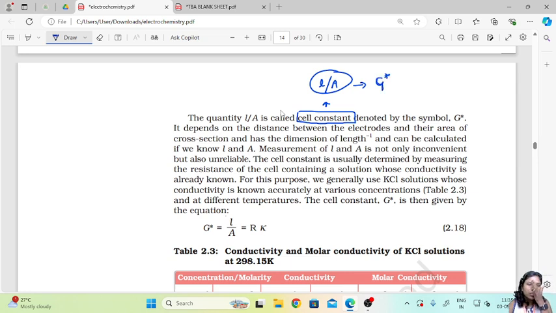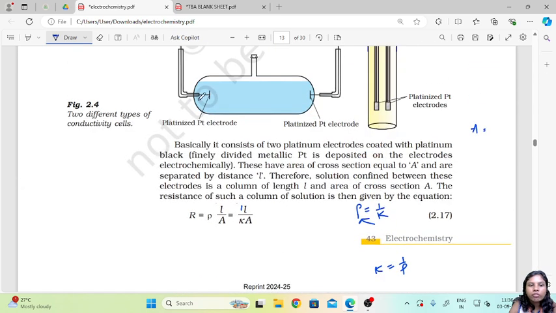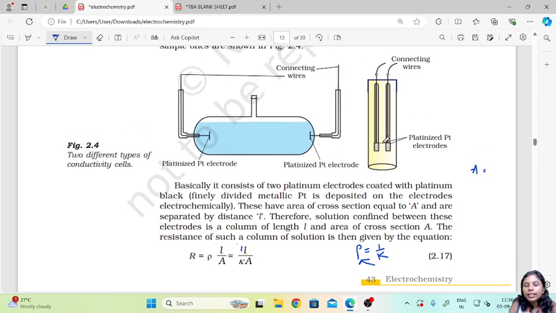Now this depends on the distance between the electrodes and the area of cross section, and has a dimension of length inverse and can be calculated if we know length and area. But the measurement of L and A is not only inconvenient, but also unreliable. If I take this one and this one, the distance between the two platinum electrodes is very less, but if you look here, the distance is much more than it was in this case.